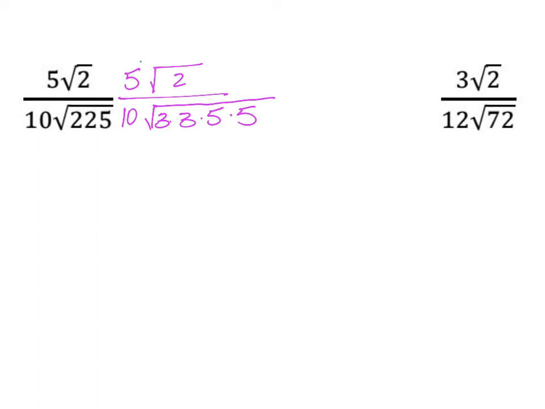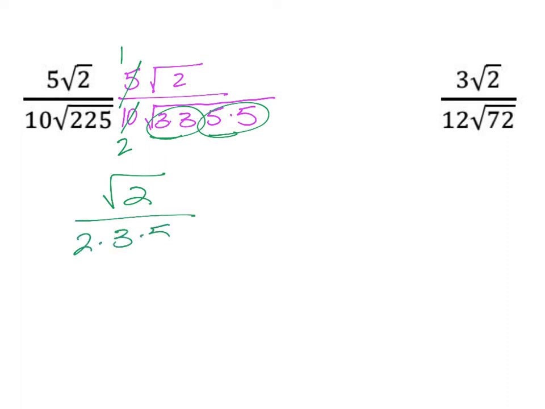I can divide as if it were a fraction, so this would become a 1 and this would become a 2. The next thing I can do is my grouping. So then in the numerator, I'm left with the square root of 2 times 1, which doesn't change anything. And then in the denominator, I have 2 times 3 times 5. So really, I have the square root of 2 over 30.